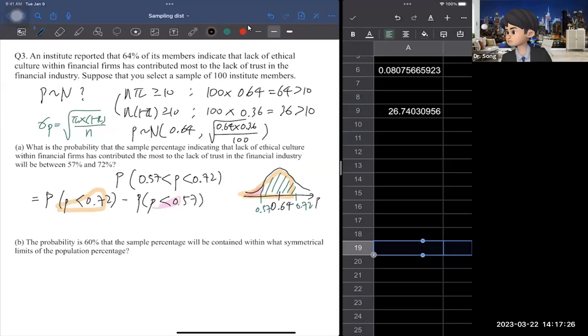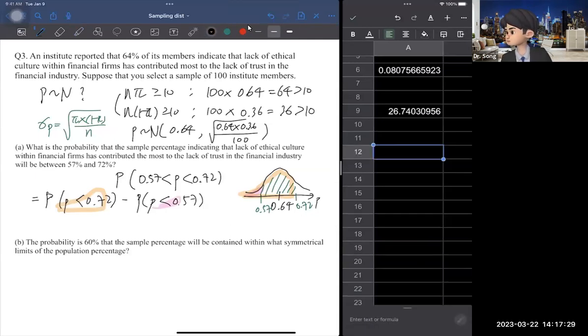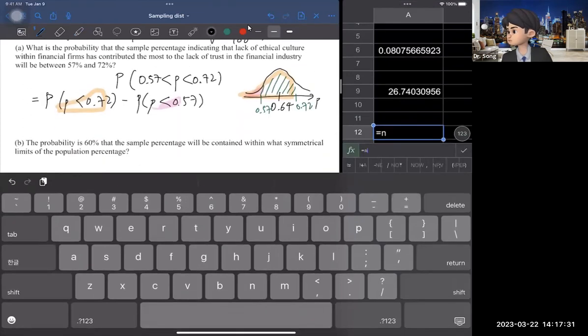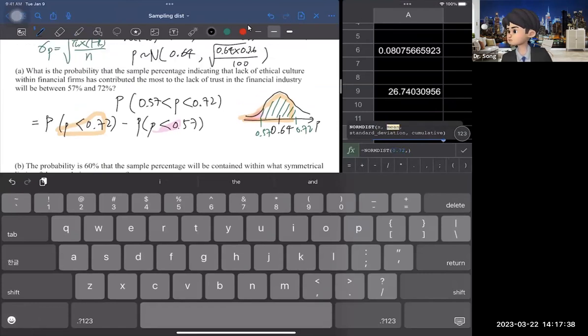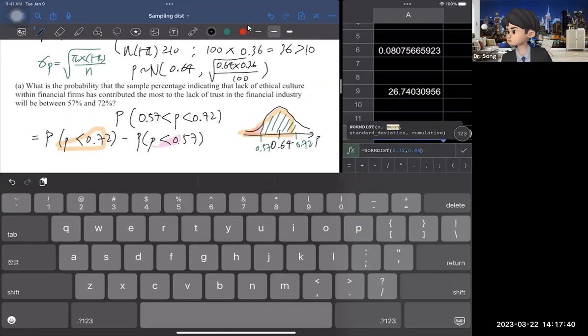So let me find the yellow one first. That is NORM.DIST, because it follows normal distribution, 0.72, mean equals 0.64, standard deviation is square root, SQRT, of 0.64 times 0.36 divided by 100, and then 1 for cumulative.